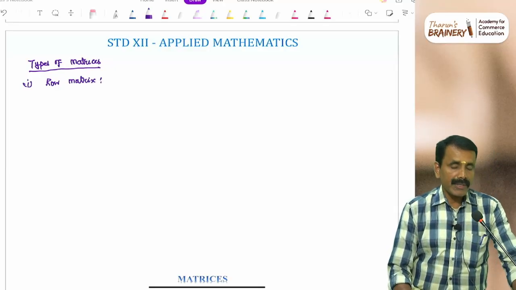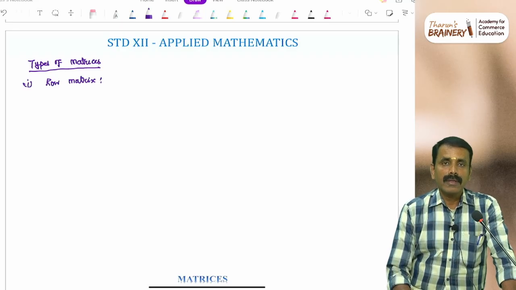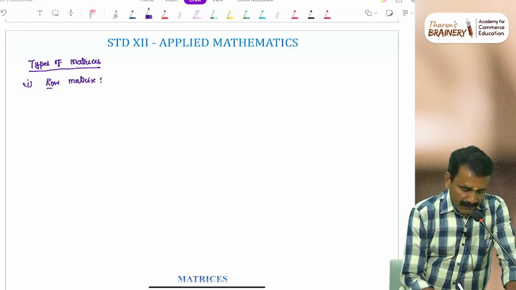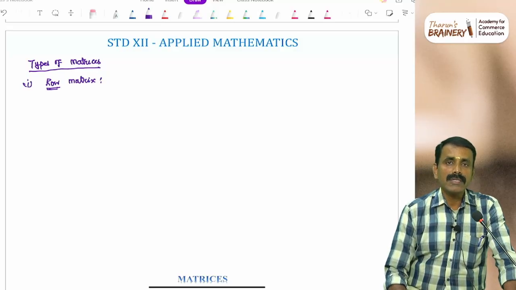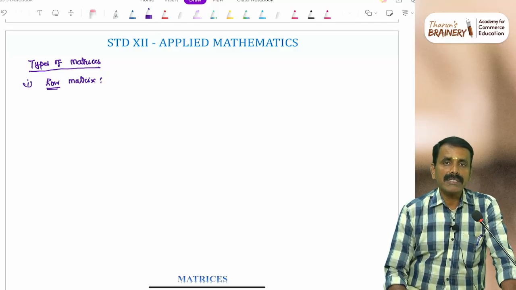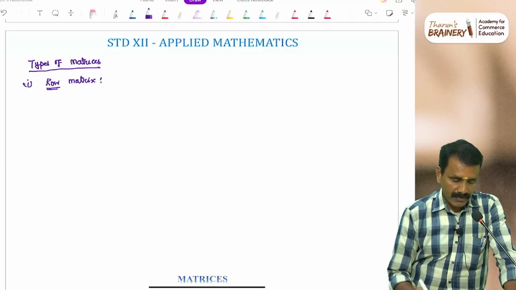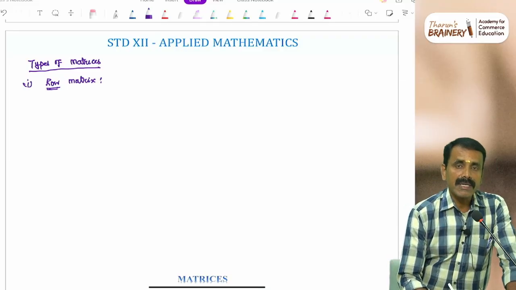What do you mean by row matrix? By basic definition, a matrix which has only one row is called a row matrix. It can have any number of columns. So, a row matrix is basically a matrix which contains only one row.